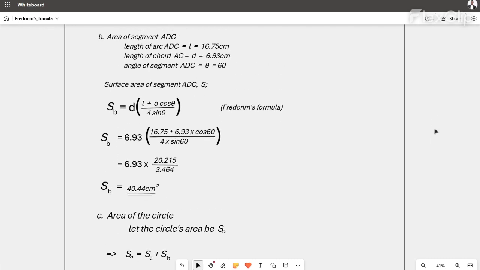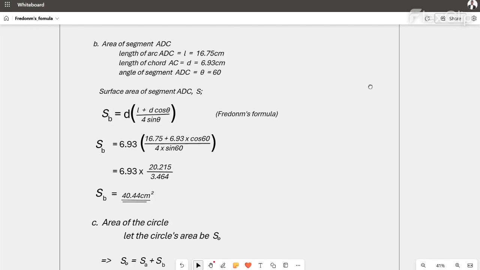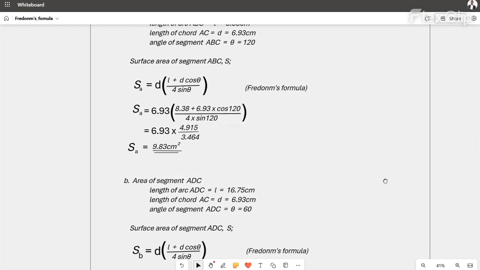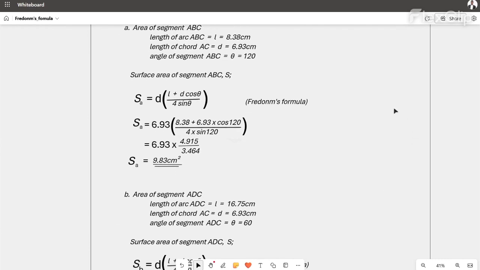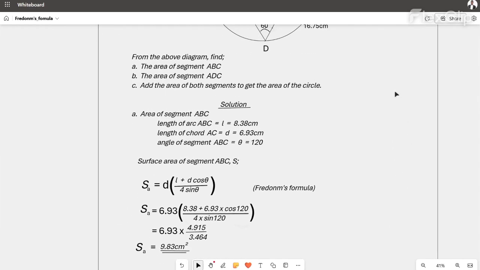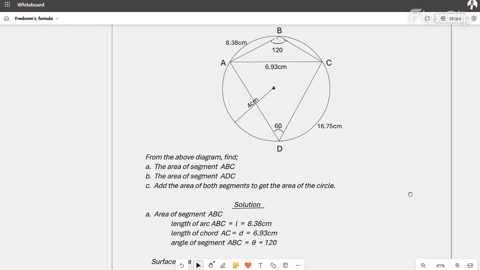In this video, I've shown you a very interesting formula, which is Fredonm's formula, a first formula of its kind to calculate the area of a major segment and the area of a minor segment without changing anything. In other ways of calculating the area of a segment of a circle, the way we calculate the area of a minor segment and the way we calculate the area of a major segment are totally different.